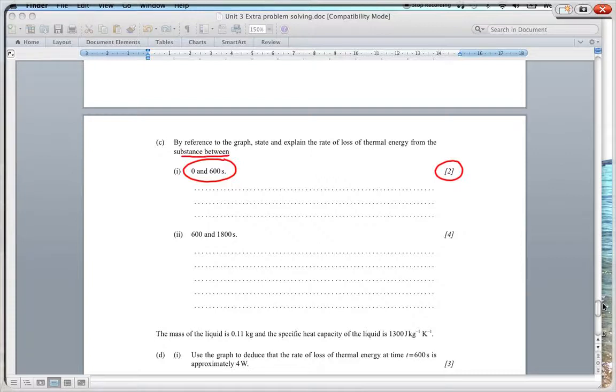So there's obviously going to be a thermal energy transfer, so you're having thermal energy being transferred to the surroundings.